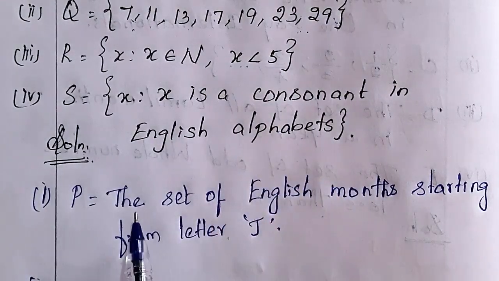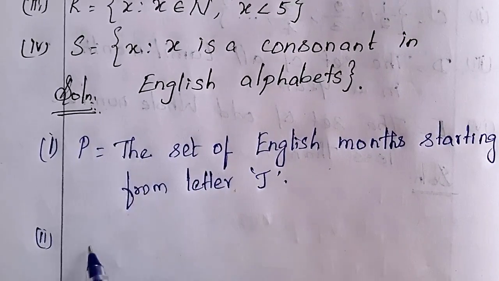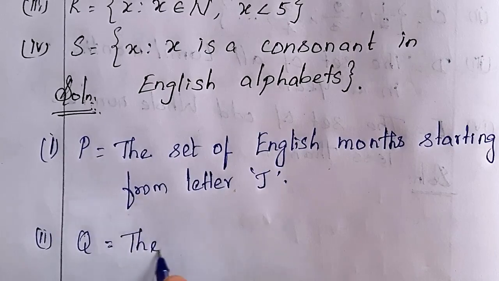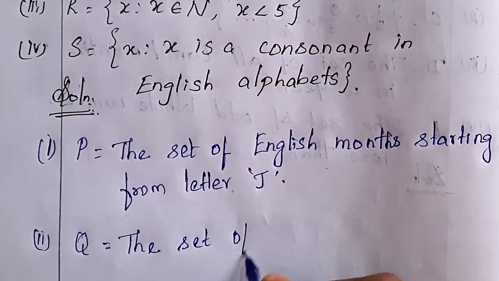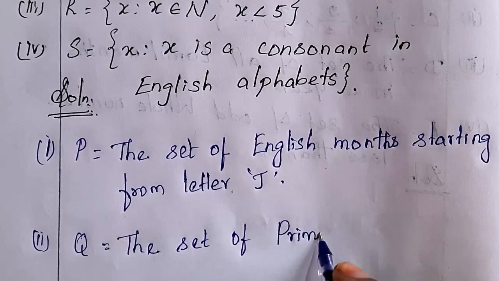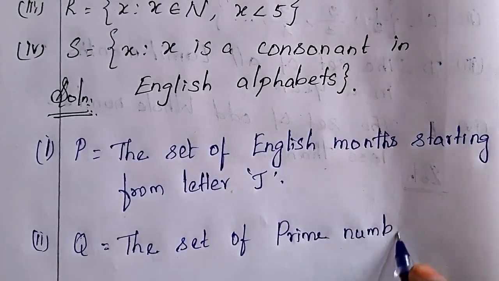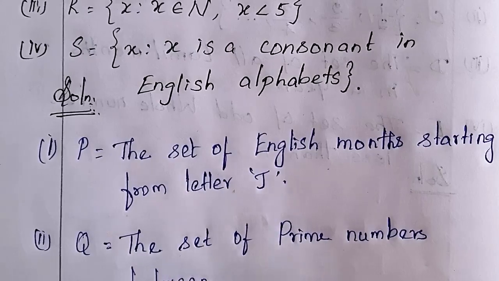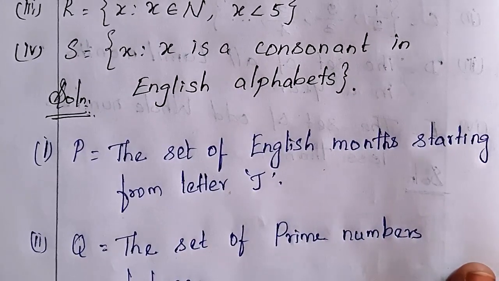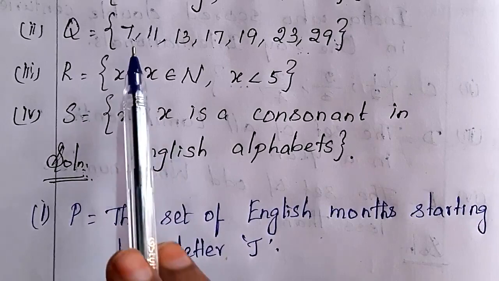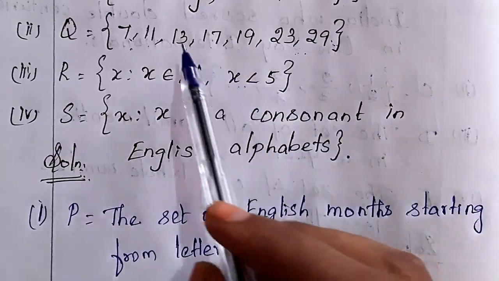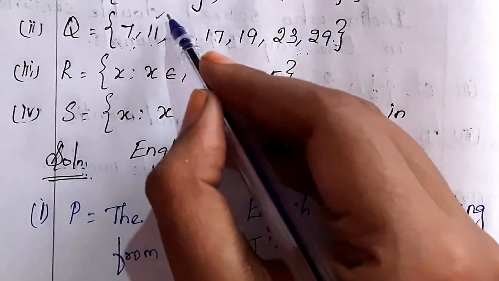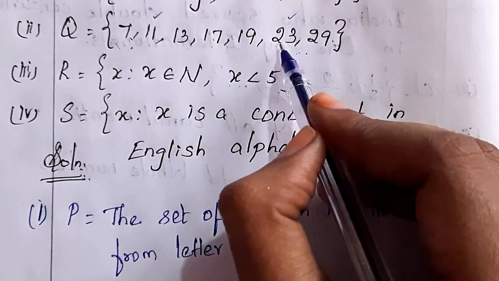So we can write that Q equals the set of prime numbers between, not 7 and 29. Some students will write the prime numbers between 7 and 29. Actually, the prime numbers between 7 and 29 are 11 to 23.